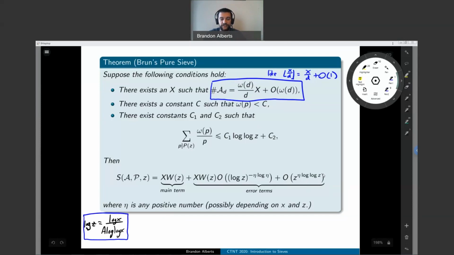That was our nice choice for z. Let's see what happens with this error when we plug in that choice for z.